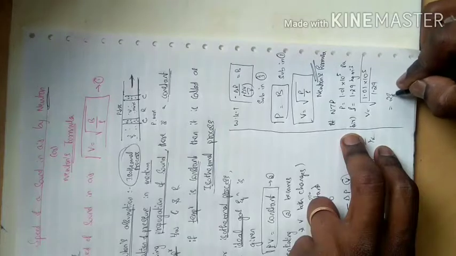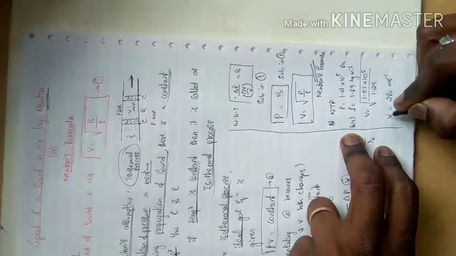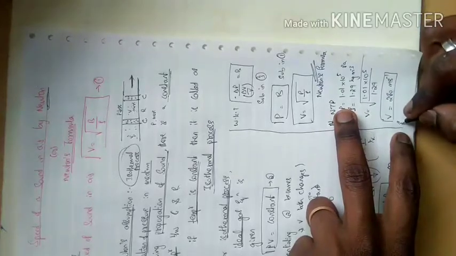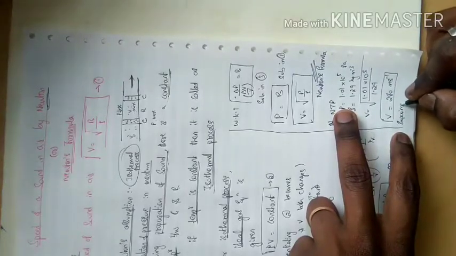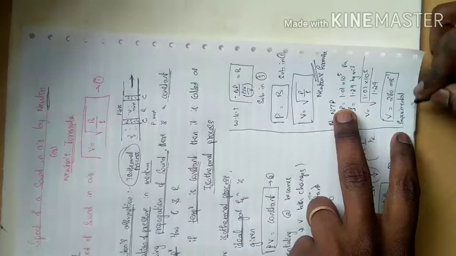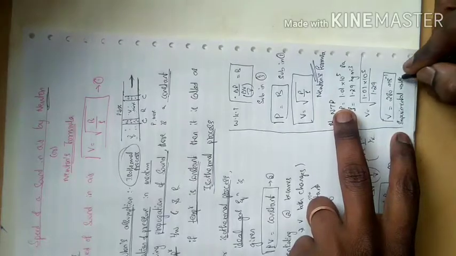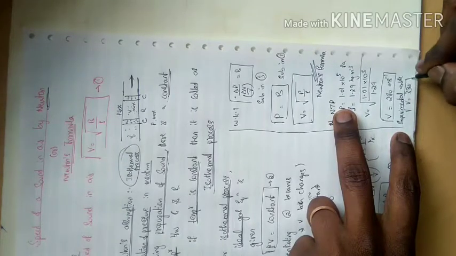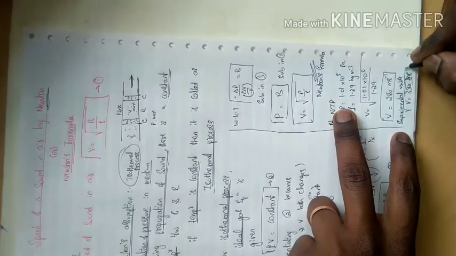We got it as 280 meter per second. This is according to whom? According to Newton. But experimentally they did and got the value of sound. Experimental value was found to be 332 meter per second.